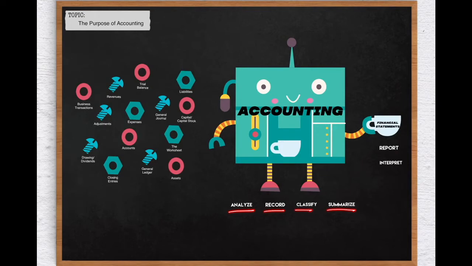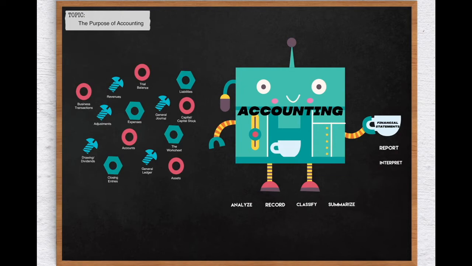Why does accounting do that? Well, we need these things called financial statements. It's on the coffee that he's holding. Those financial statements are very, very important to everyone that cares about the financial standing of a person or a business, because it's a report to show how they're doing. And the report gets interpreted so people can make important decisions.